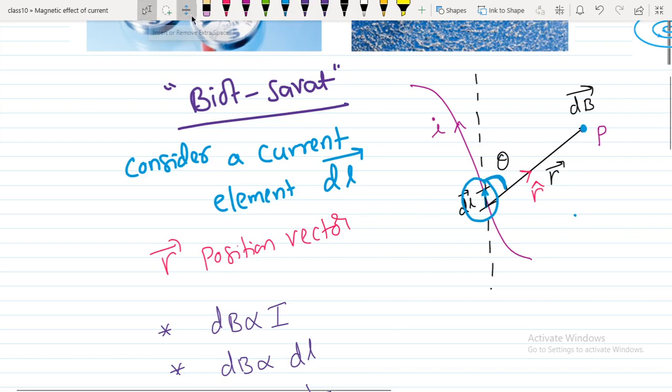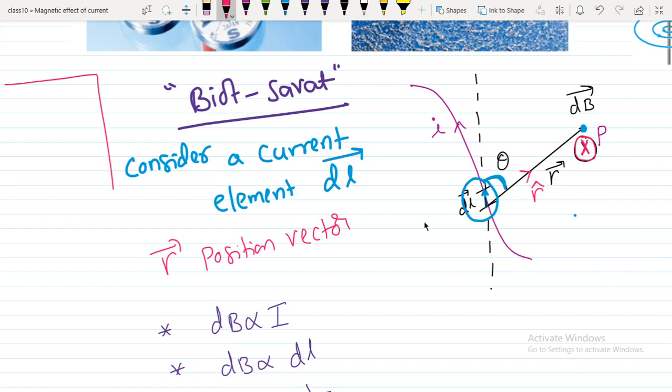Thus the direction of dB bar is perpendicular, into the plane of the paper. We represent that with a cross mark, the vector notation for the screw advancing inside the page.